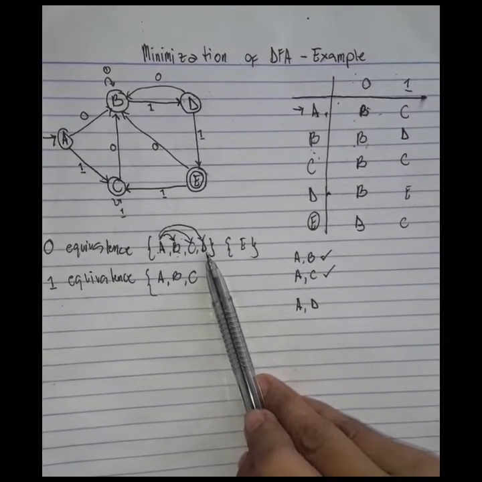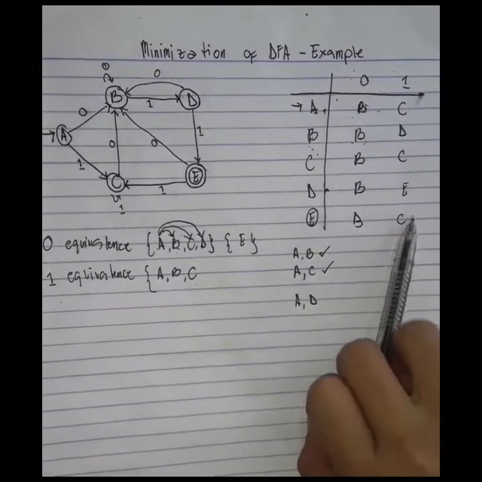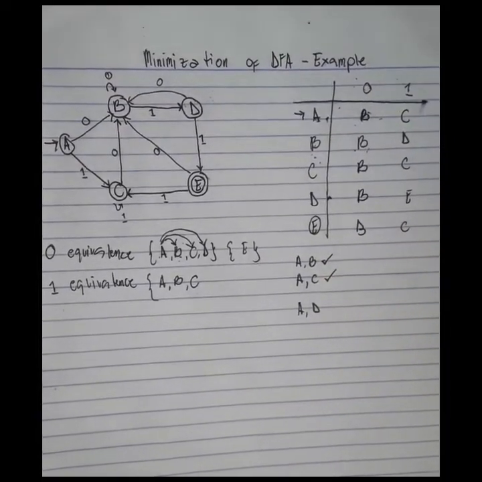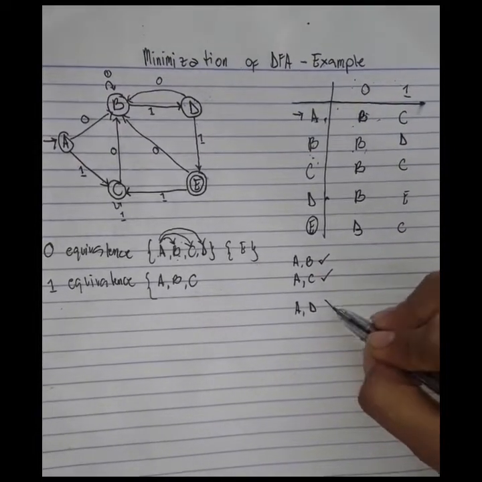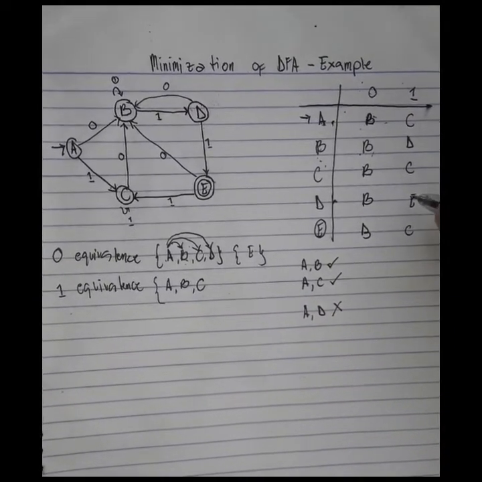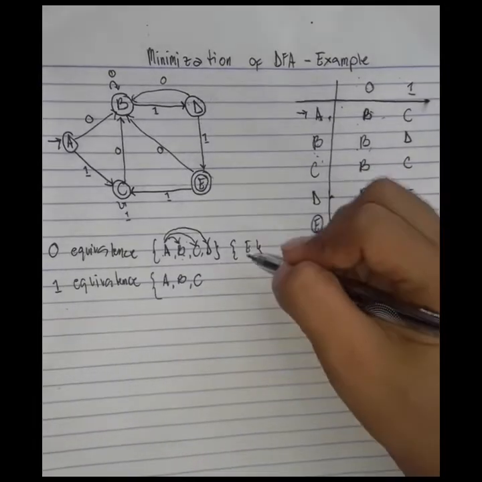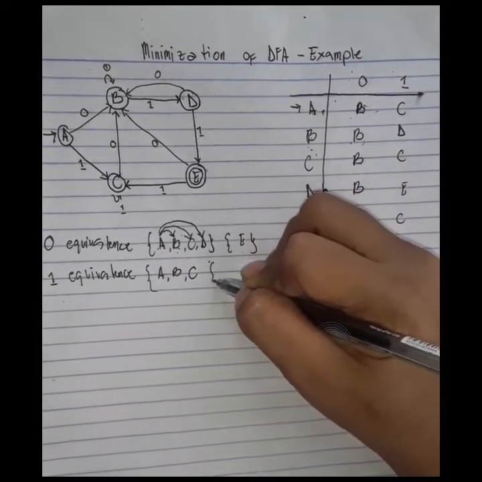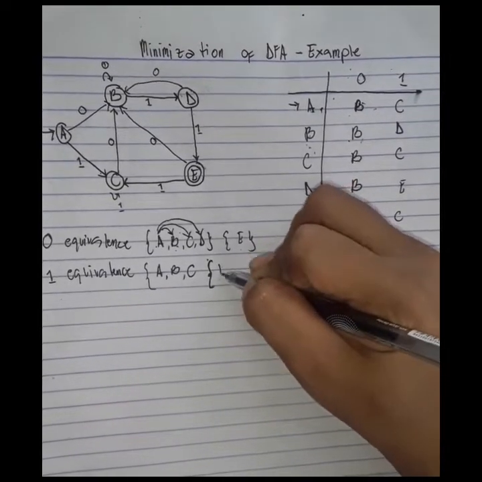And the 1 input of D goes to E. So D is wrong because E is in another set. So you have to make another set for D.